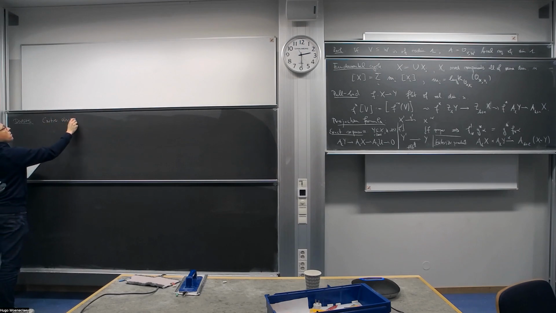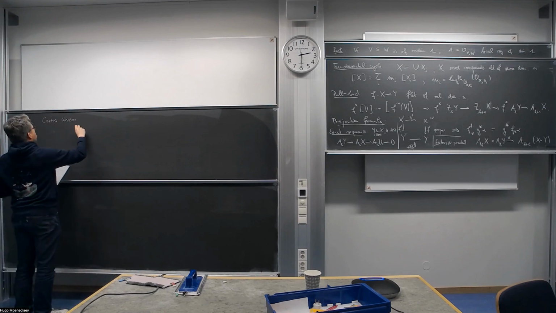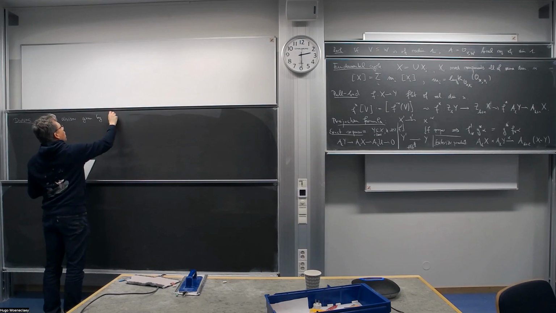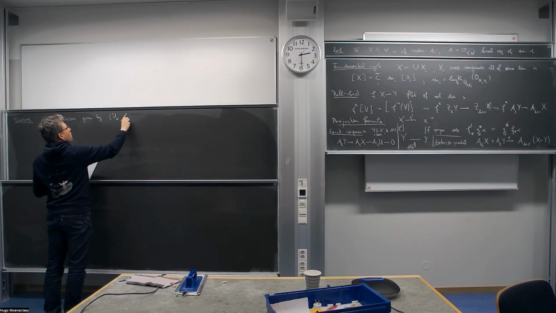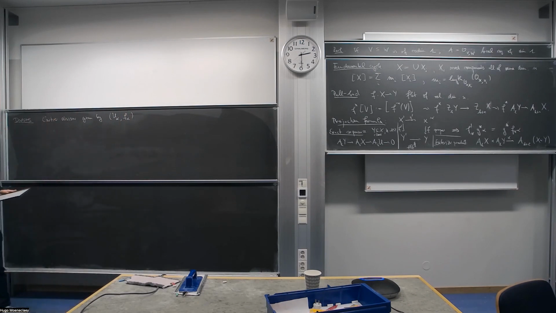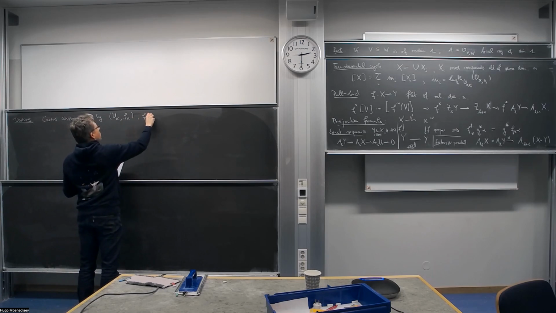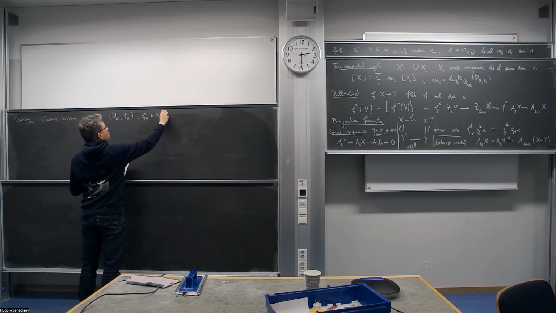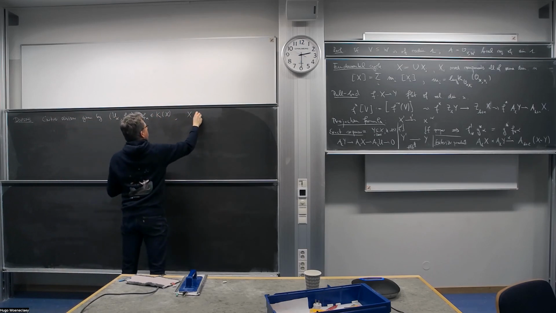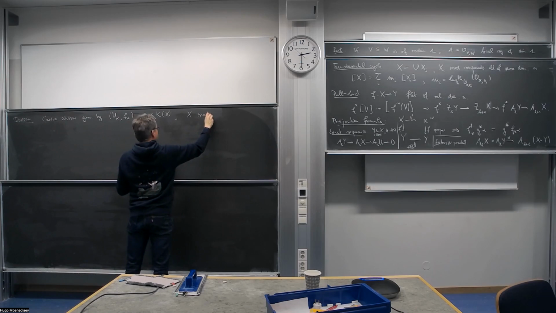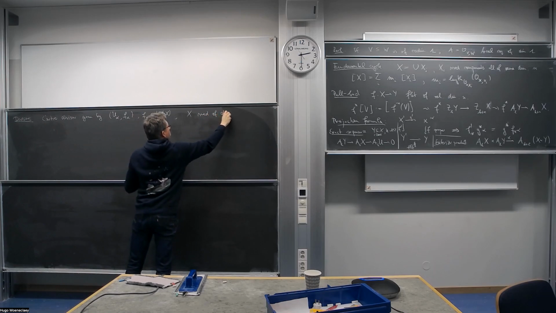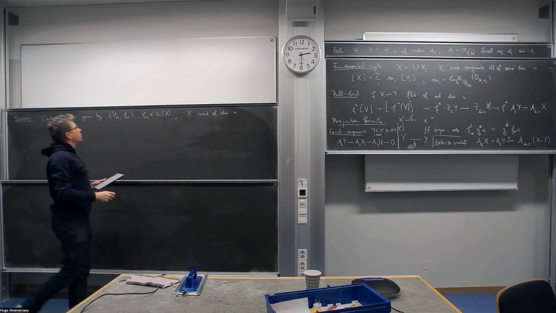A Cartier divisor is given by the datum of an open cover U_alpha and elements F_alpha, which are just rational functions over X, where in this case X is irreducible of dimension n.